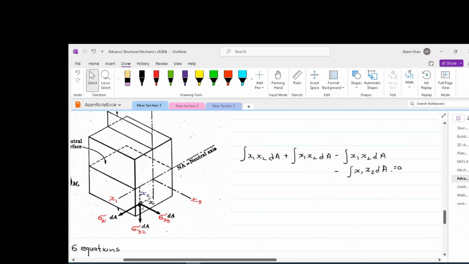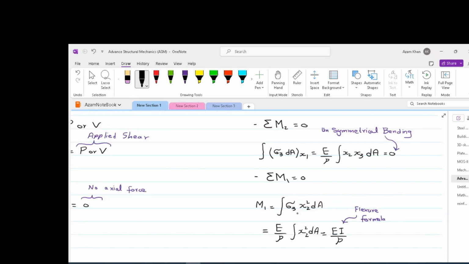So, the internal force resisting the external moment is sigma 3 times dA into x2. This will give us the moment equal to the integral of sigma 3 into x2 dA.